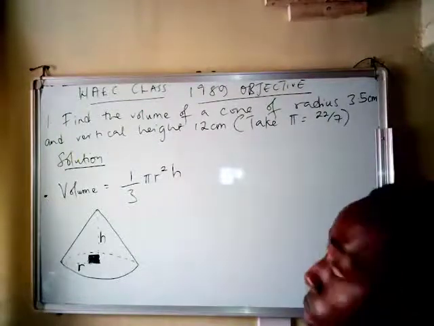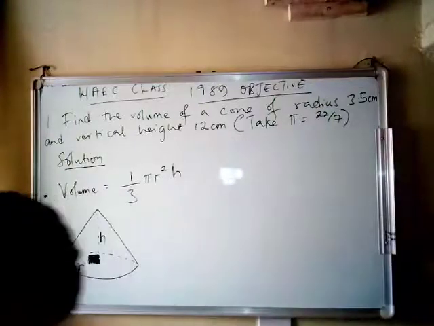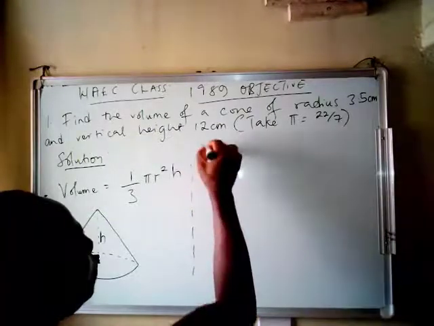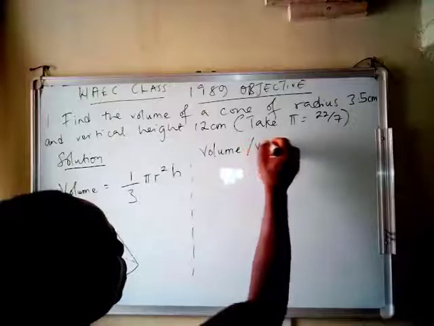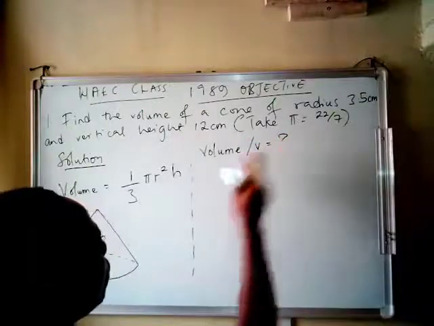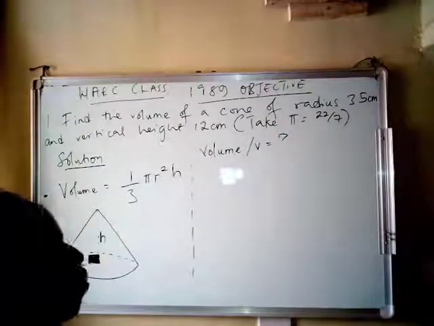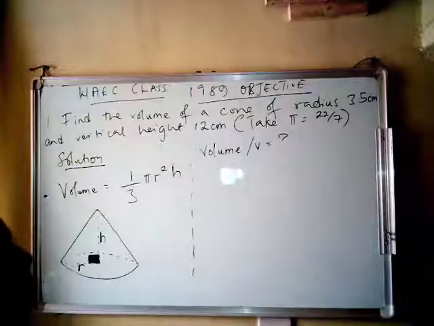Let's write out the parameters. Check out that the parameters you have are in this manner. So we are looking for volume. So volume, or V, is unknown. So I'm going to check that out by putting a question mark to show that it is unknown.